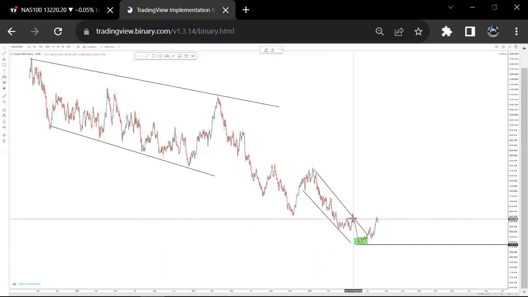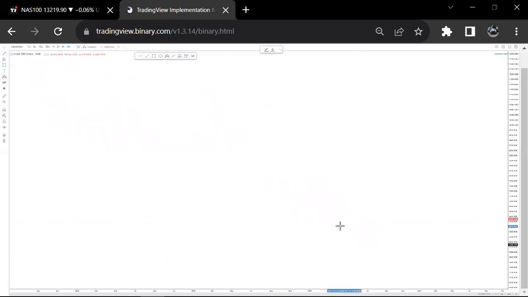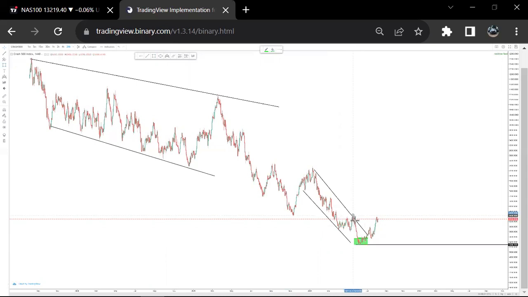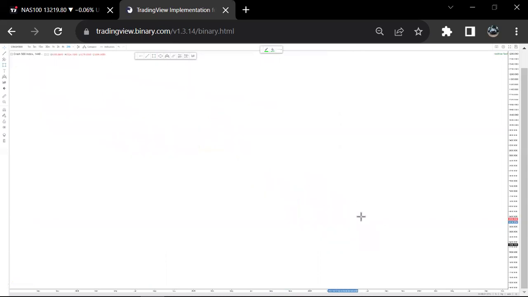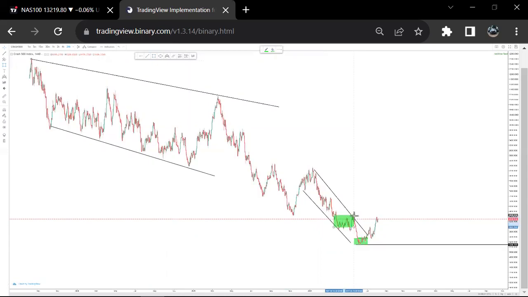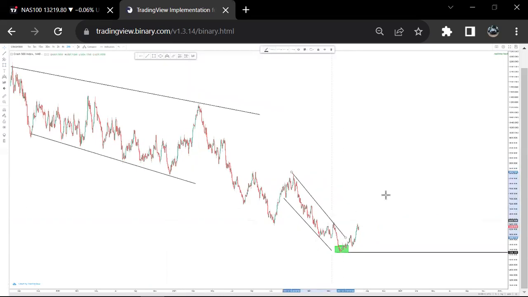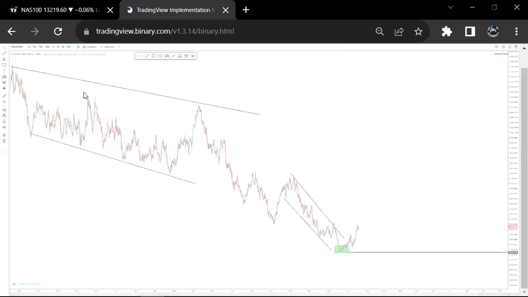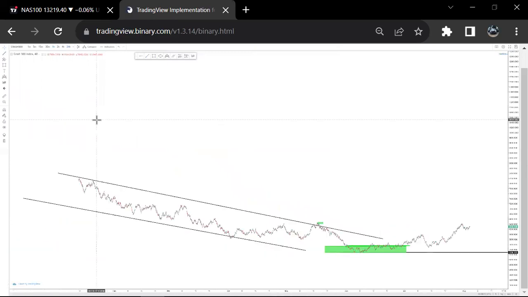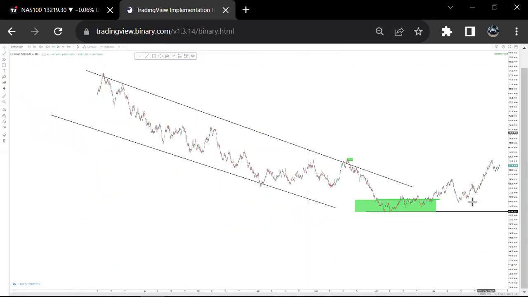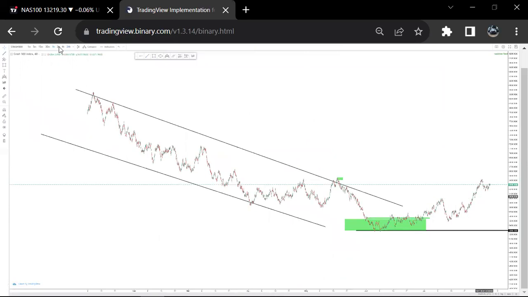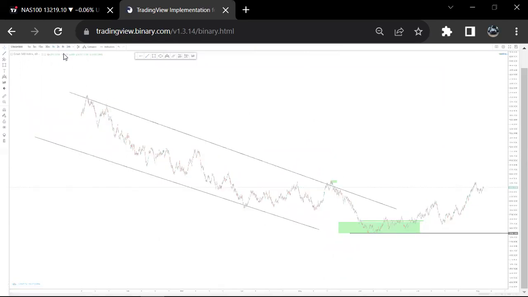This is the left shoulder. You see, guys, this is just the left shoulder forming a right shoulder, and then it means we're going up.